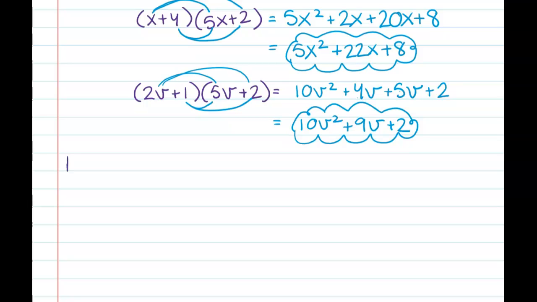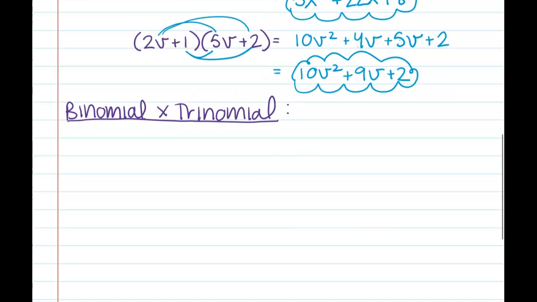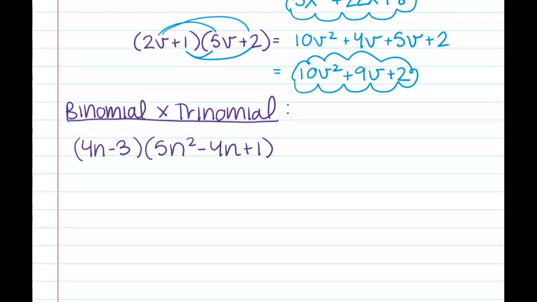The last thing we'll talk about today is when you multiply a binomial times a trinomial. So if binomial is 2 terms, trinomial is 3 terms. So if we have 4n minus 3 times 5n squared minus 4n plus 1.